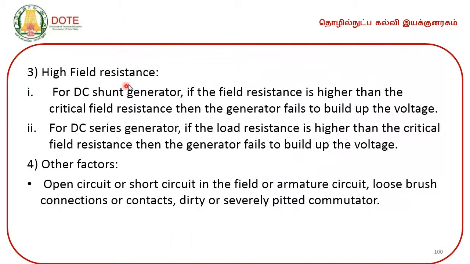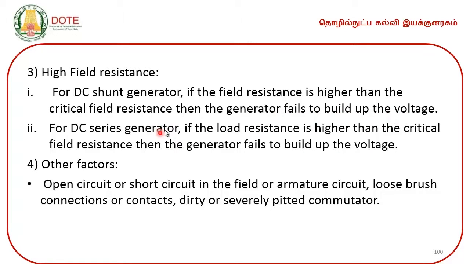Third point is high field resistance. For a DC shunt generator, if the field resistance is higher than the critical field resistance, then the generator fails to build up the voltage.